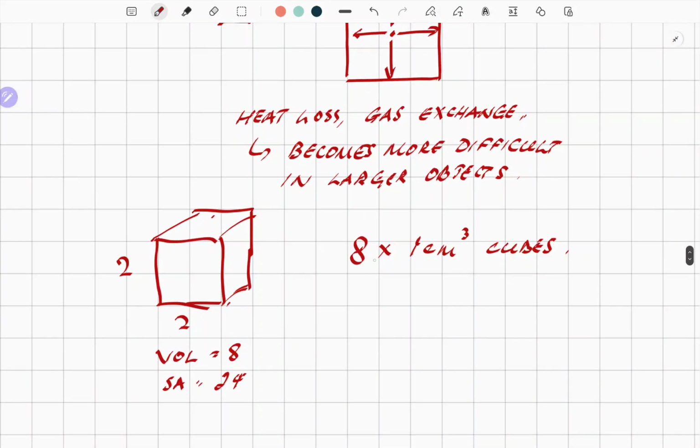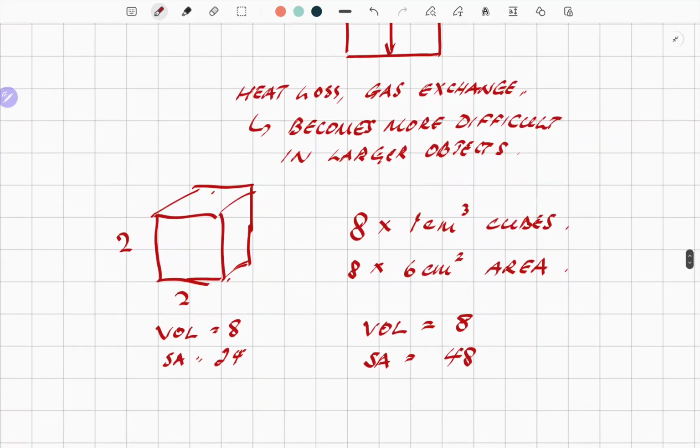So you'd have 8 cubes from the same big lump, so 8 times 6 square centimeter areas. Therefore, volume is still 8, but the total surface area is now 8 times 6, 48. And so you're going back to a much higher amount of surface area for each bit of volume.